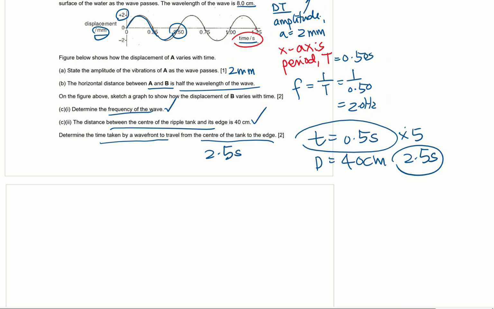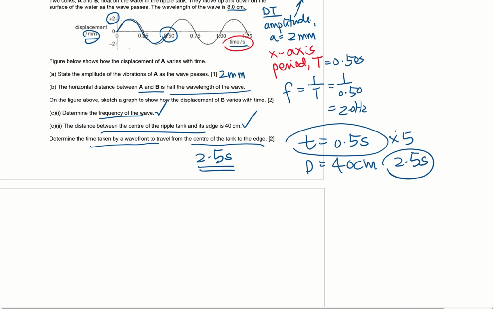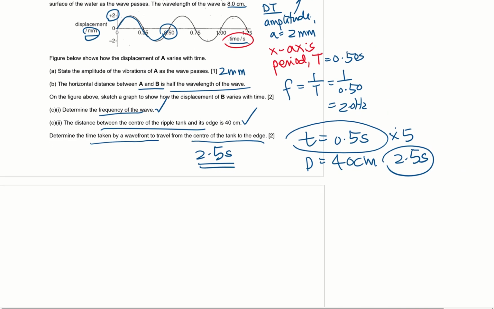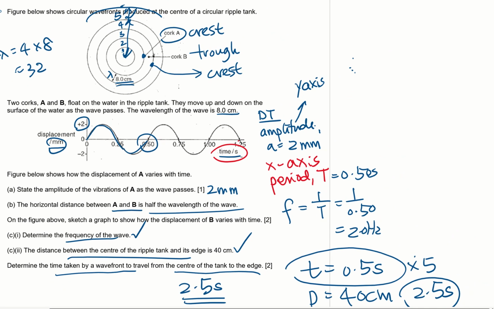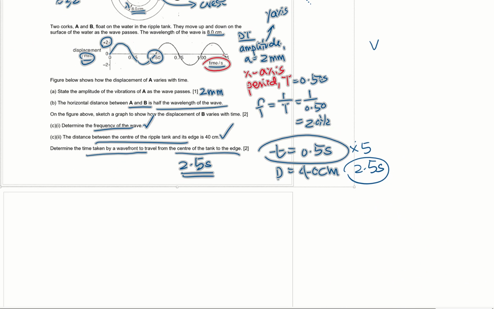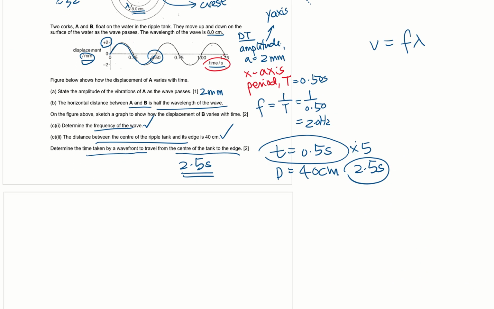But I'm not very convinced, so I'm going to do another method. Determine the time taken by a wavefront to travel from the center of the tank to the edge. So maybe I calculate the wave speed. v equals f lambda. I have the frequency, it's 2 hertz. I have the wavelength, it is 8 cm. So the wave speed is 16 cm per second.